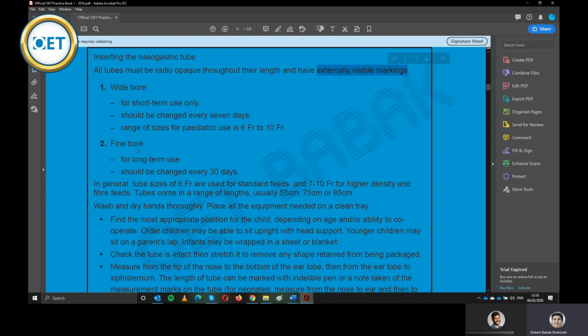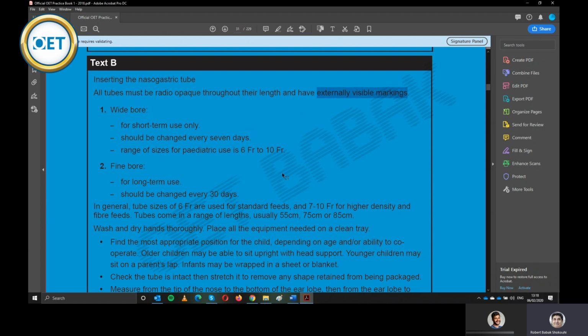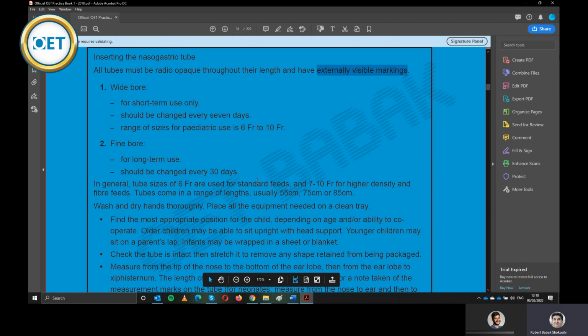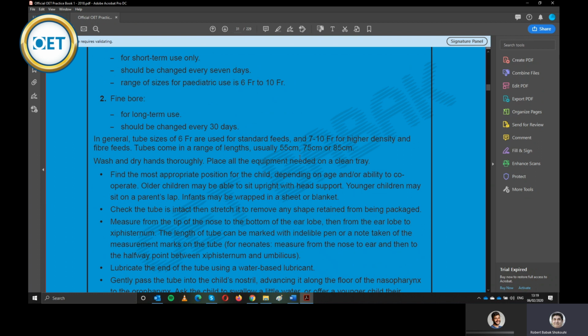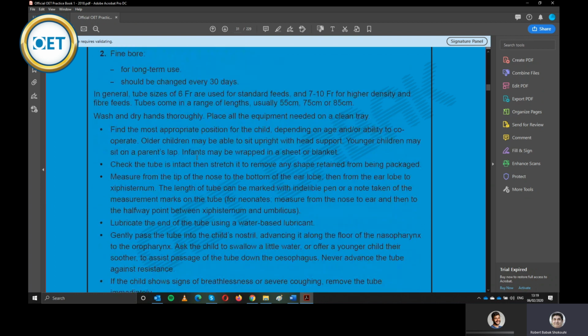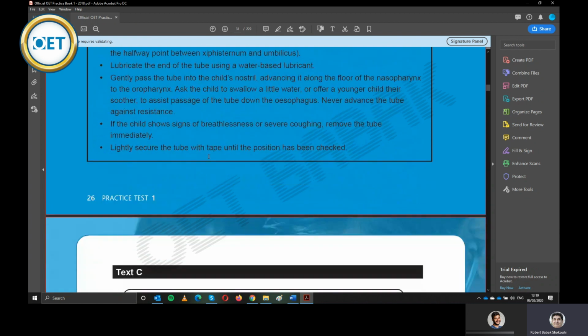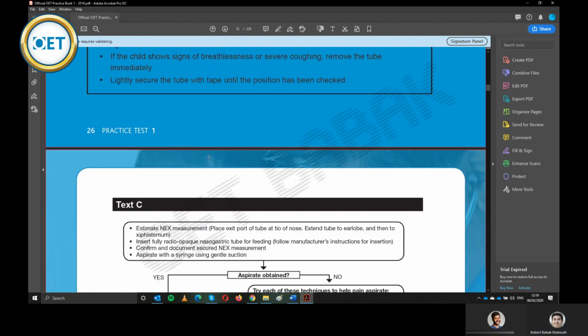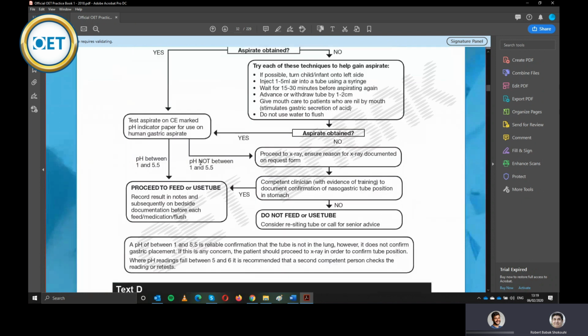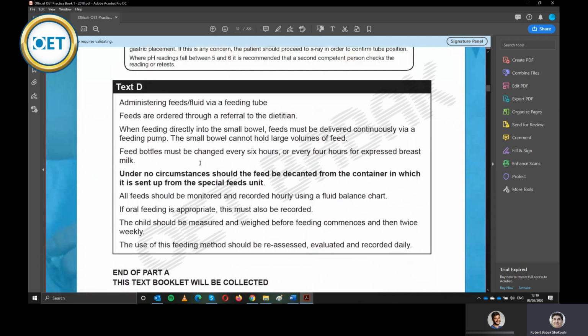You see, that is the externally visible. So one of the questions we saw was this one, yeah? It was B. Remember that? External visible mark. Yes. So one of the questions was this one. Okay, so alternative to this, alternatives, this is the procedure, and this is not, and then this one.